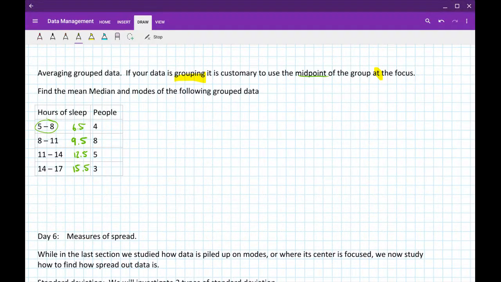And basically, we're going to make the assumption that each one of the people in this group of 4 gets a 6.5.